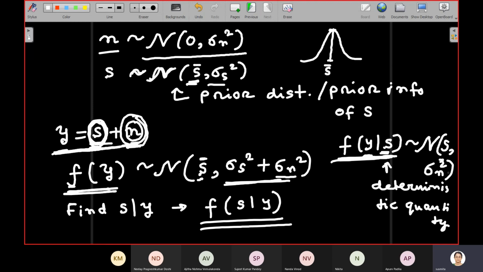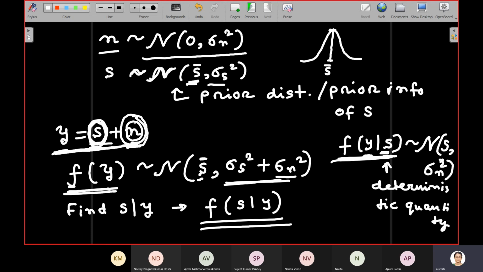So the PDF of y given S is Gaussian distributed. Its mean is S. Now why is it Gaussian distributed? You may ask why we use the Gaussian distribution, because N is the only random variable, right? Which is Gaussian, so we need to have a Gaussian distribution.